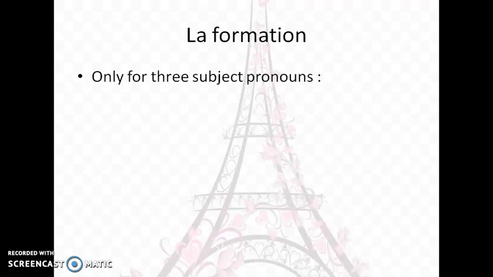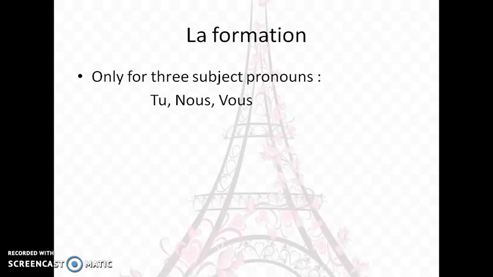Okay, now let's see the formation of the imperative in French, la formation, how to form the imperative tense in French. So the imperative tense is only for 3 subject pronouns in French, though we have several subject pronouns in French such as je, tu, il, elle, nous, vous, ils, elles. The imperative mood is only for 3 subject pronouns in French, and they are tu, nous and vous, because I already told you the imperative is used to give instructions or to give advice.